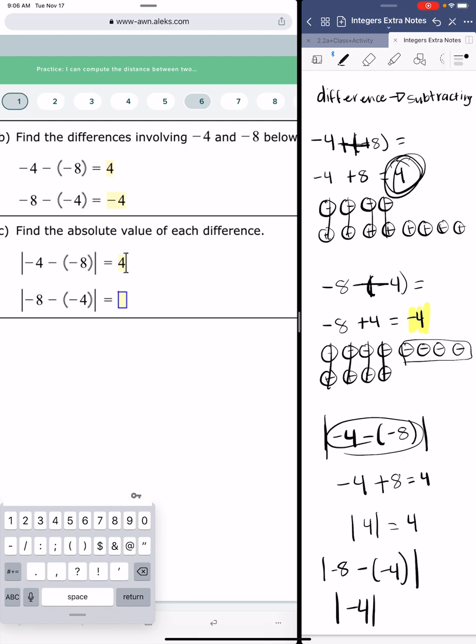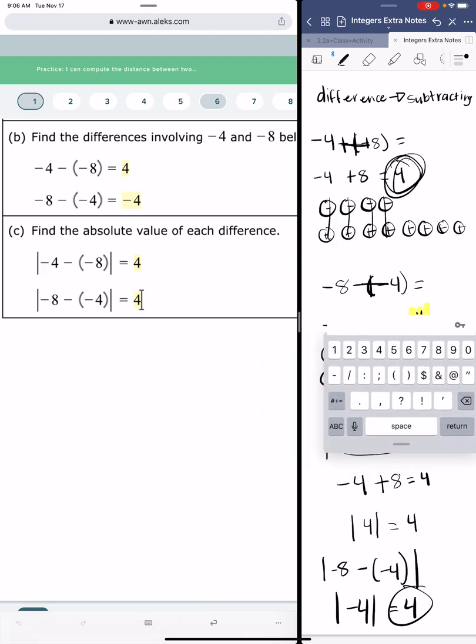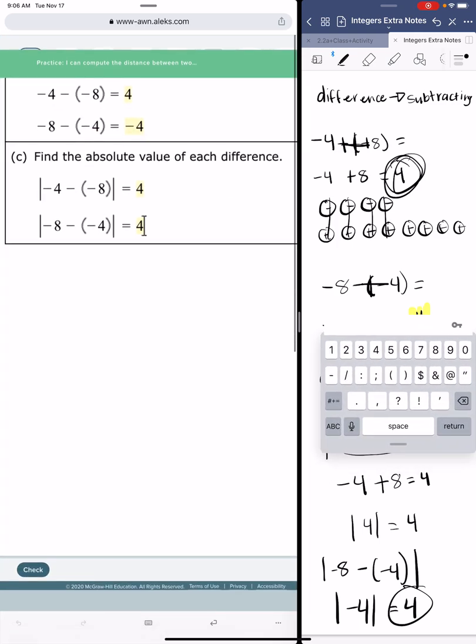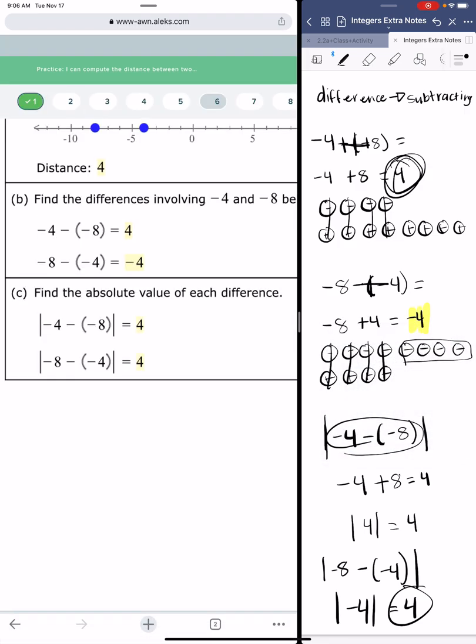On a number line, -4 is 4 places away from 0. So the answer is going to be 4 for this one as well. Now we're going to check those to see how we did. Oh, we did awesome. Okay, perfect.